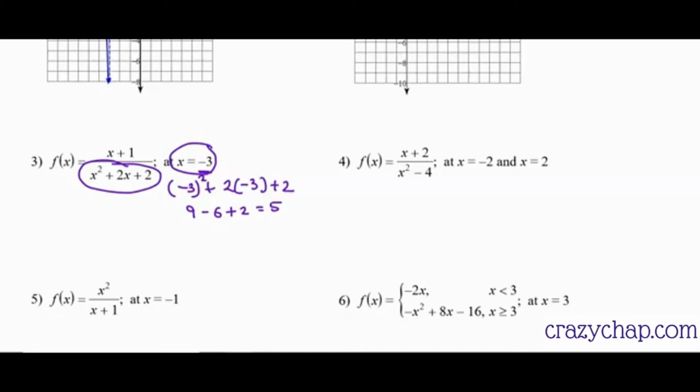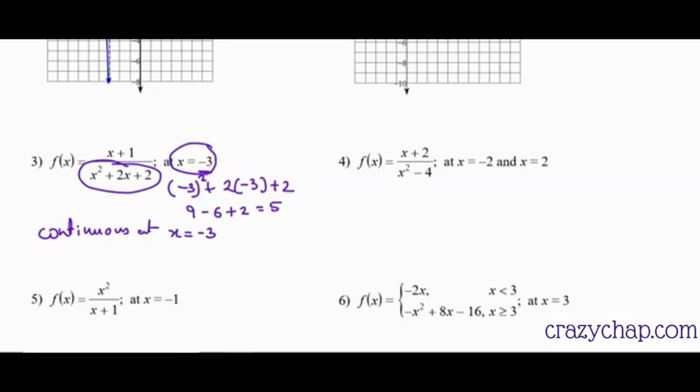The only point of discontinuity was whether the denominator is 0 or no. So we'll just say that the function is continuous at x equal to minus 3, right?